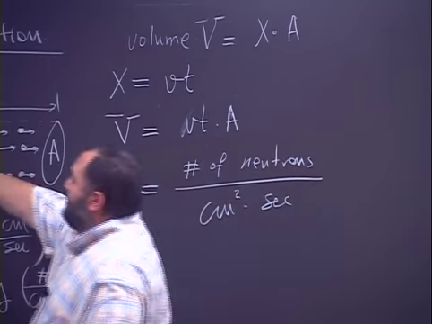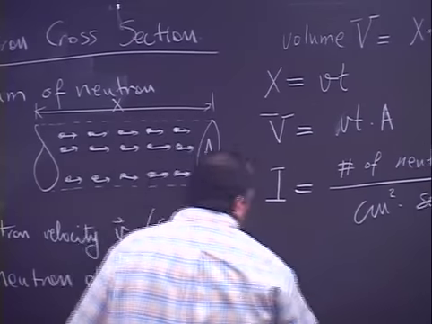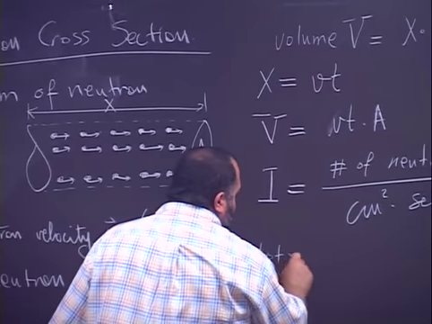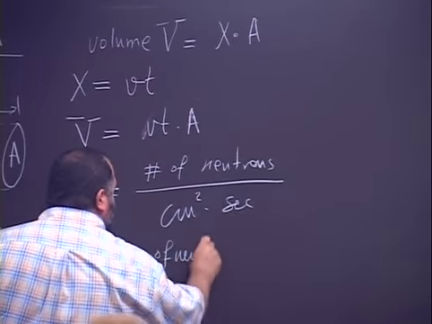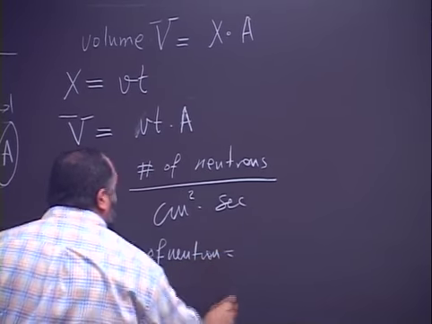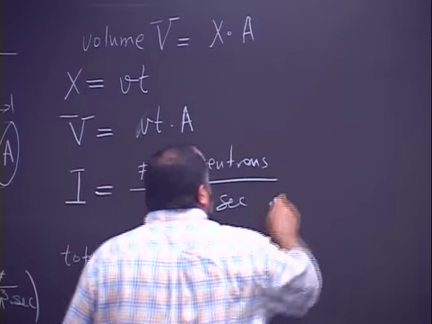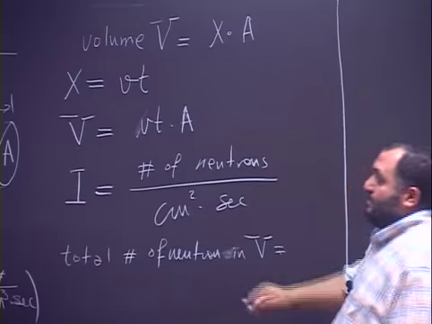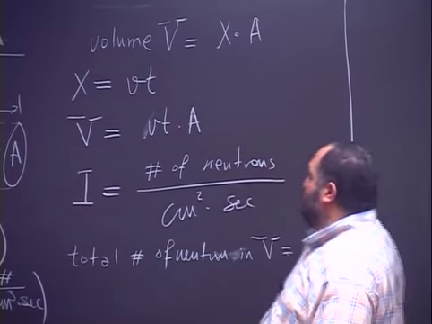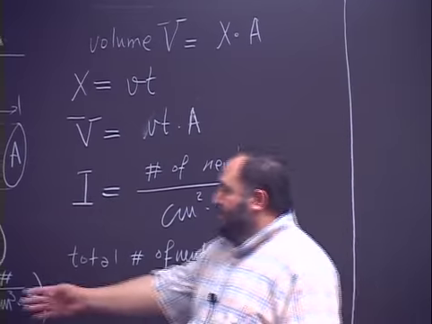We have here a number of neutrons inside this volume. So the total number of neutrons in the volume V is the volume multiplied by the number density, the number per unit volume.